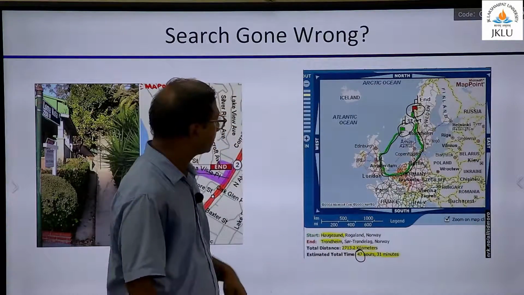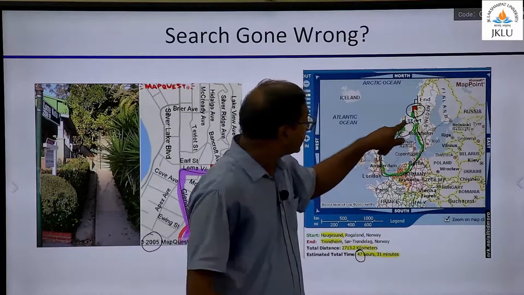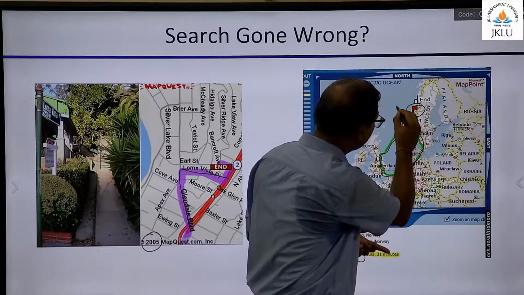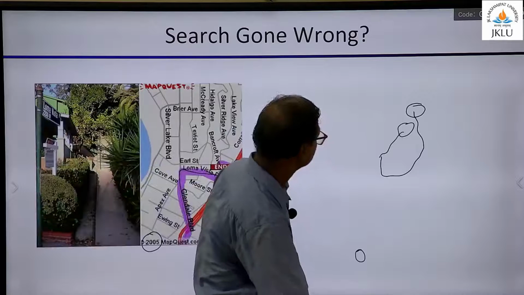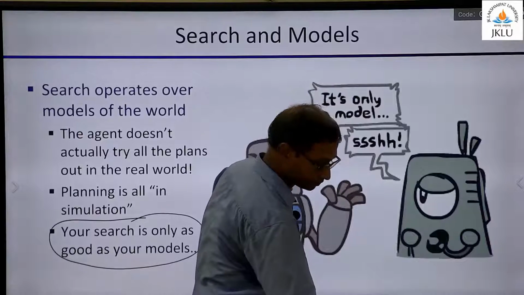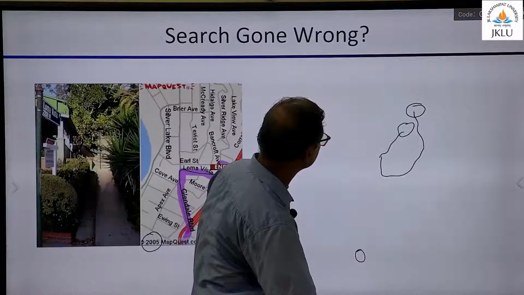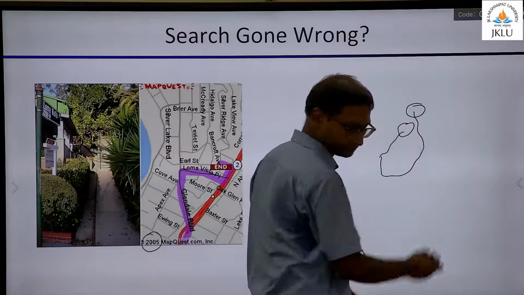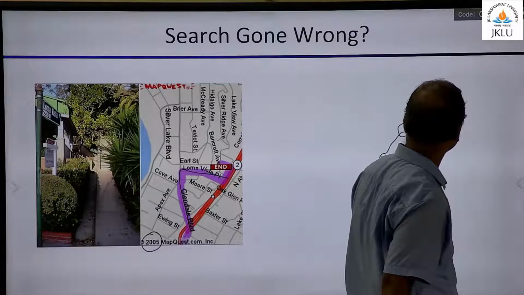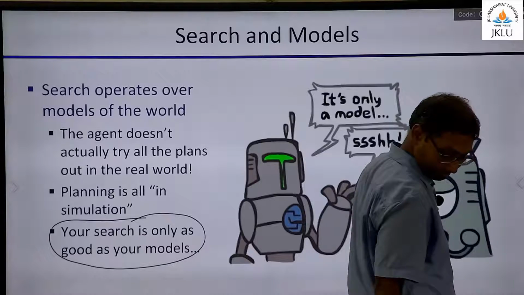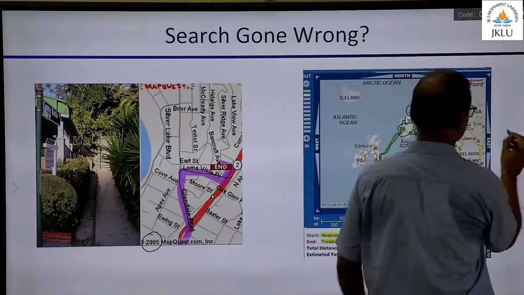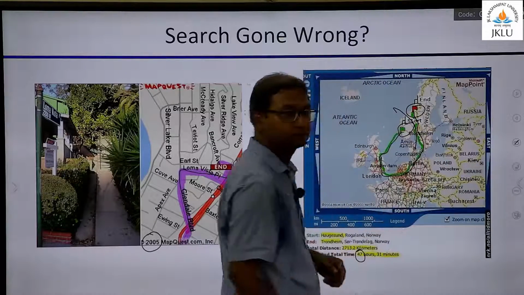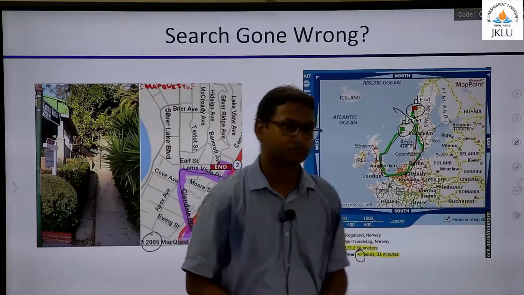So let's say this might happen only when, let's say, something like this, that you don't have a path from here to this side at all. So let's say if there is no direct path from here to here, for whatever reasons, okay.